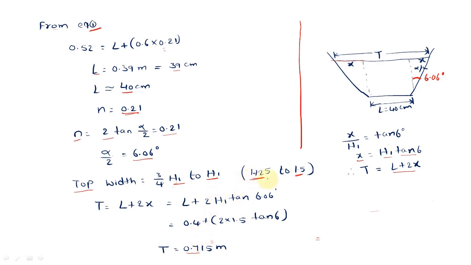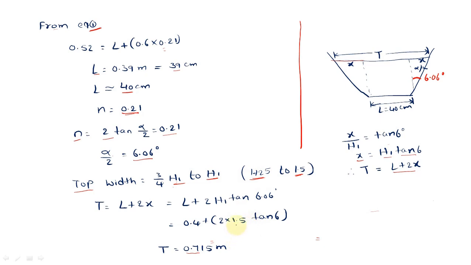Then the design should be redone with a single notch. If you still get the top width as less than 1.125, then we will increase the top width. But here I am not going to do that, so I am going with 2 number of notches.